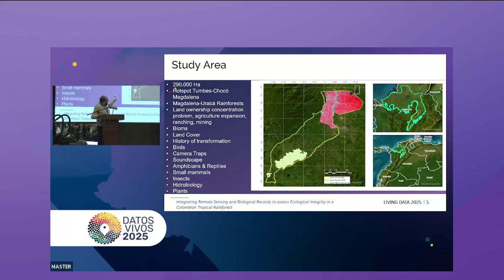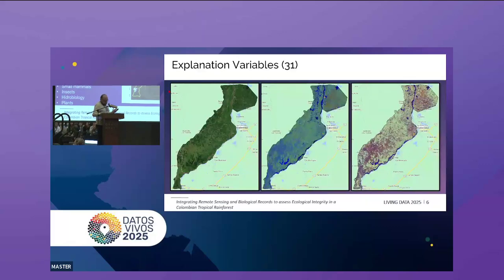And the south is maybe the good part, because here there are different protected areas, public and private, that are developing different strategies of restoration and conservation. So we try to bring together all the different effects that human activities can have inside the forest.